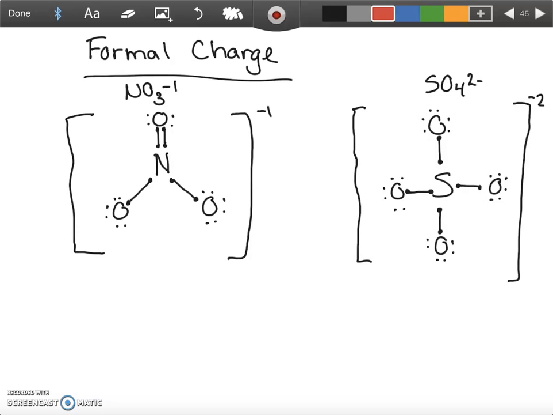Let's start with nitrogen. If we want to determine nitrogen's formal charge, we need to look at the valence electrons that nitrogen has in its immediate vicinity. Not the total amount of electrons that nitrogen is sharing with the other atoms, we just want the immediate vicinity.